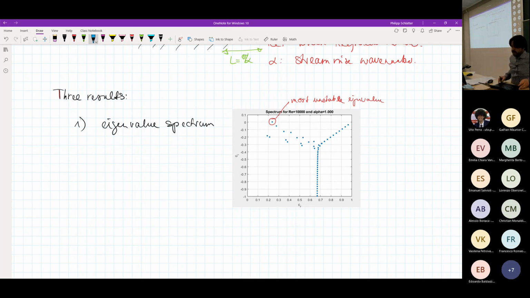And it turns out that there's a name for that most unstable eigenvalue, because there was, of course, a person that predicted for the first time that these types of modes do exist. And this was first predicted by two people. They're called Walter Tollmien, who lived from 1900 to 1968, and Hermann Schlichting.